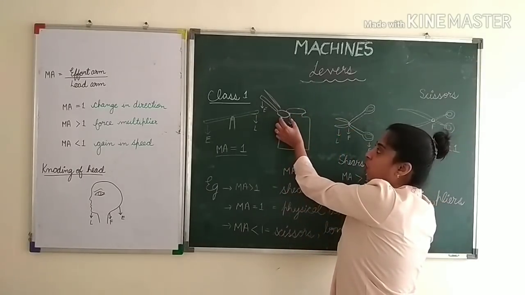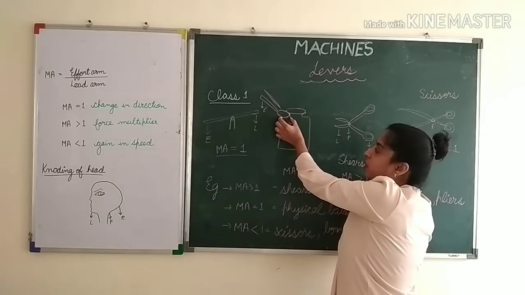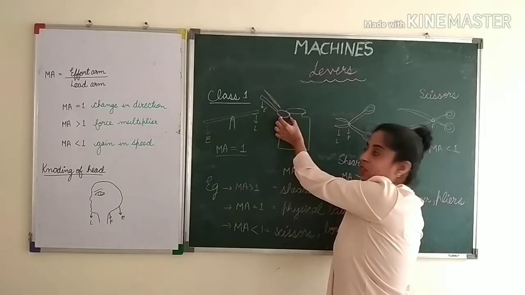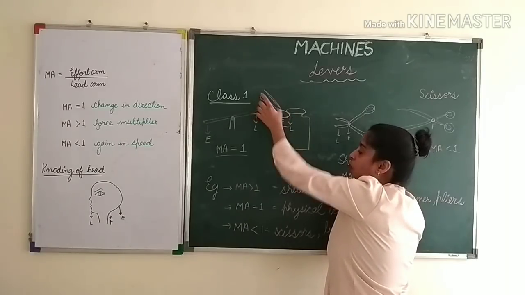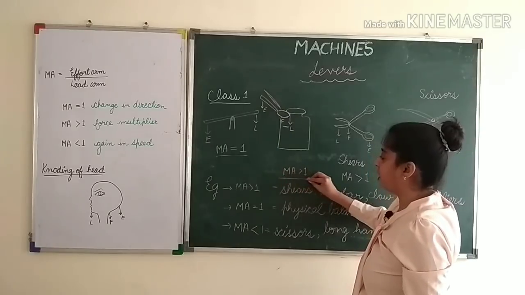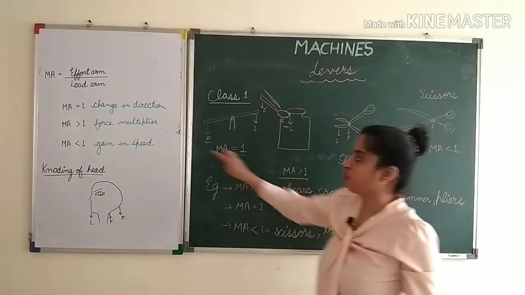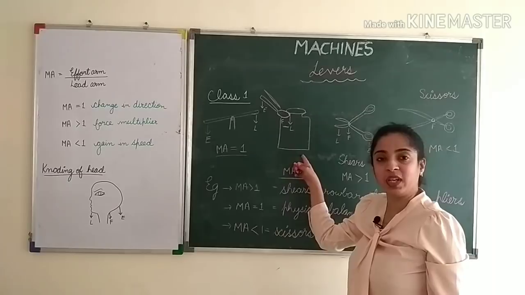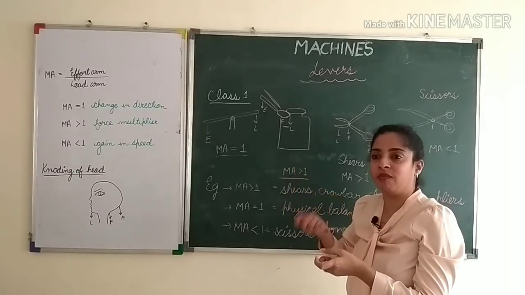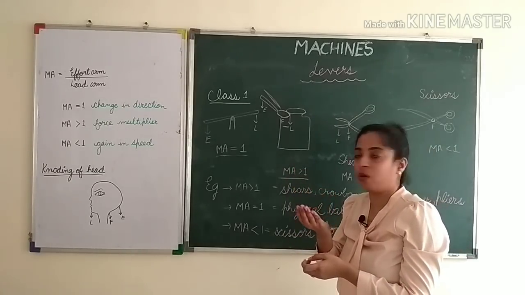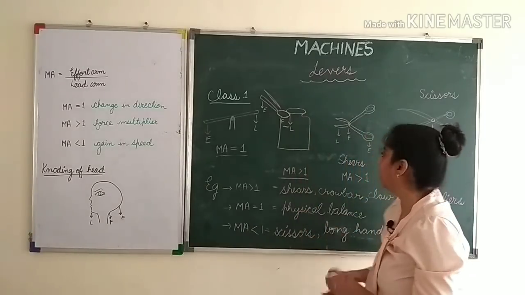Load arm is very small, only the tip of the spoon, but effort arm is more. So here mechanical advantage is more than 1, so it acts as a force multiplier, and by applying a small effort we are able to gain more force, so we are able to open the lid.